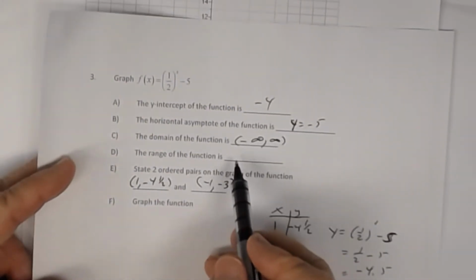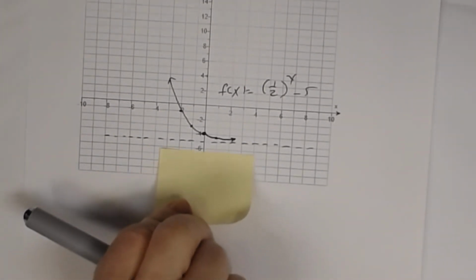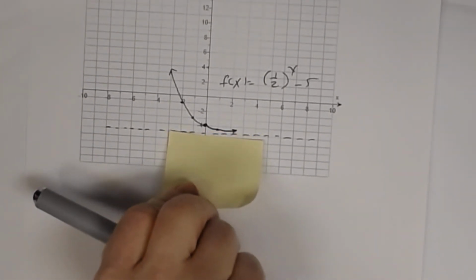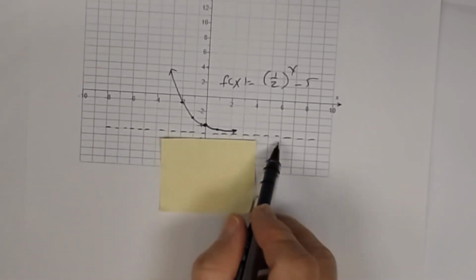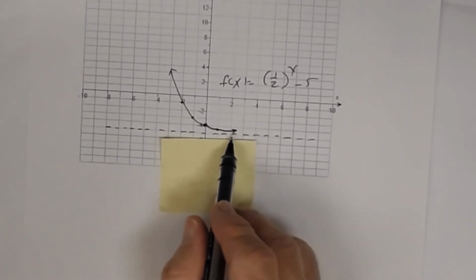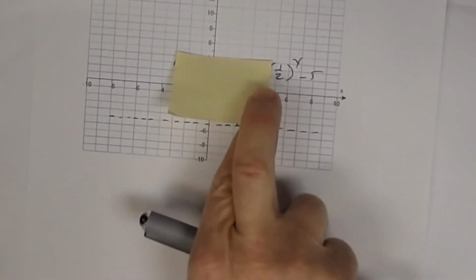All right, let's talk about the range. I forgot about the range. So the range, remember, is the set of y coordinates. When I talk about the range, I'm starting at this horizontal asymptote. Remember, the y value gets closer and closer to negative 5. So I'm going from negative 5 all the way to infinity.